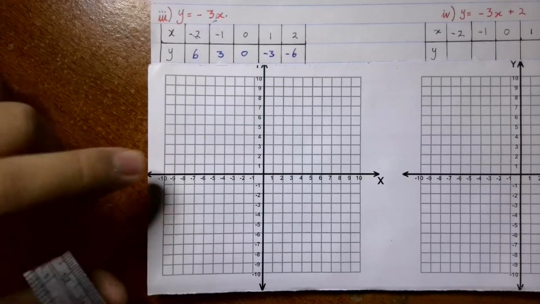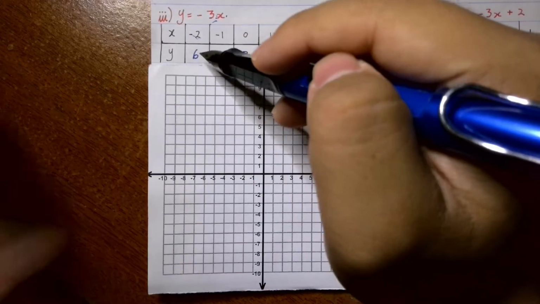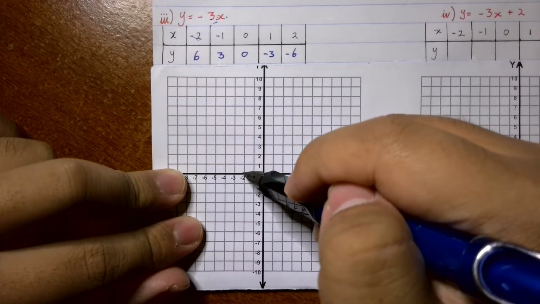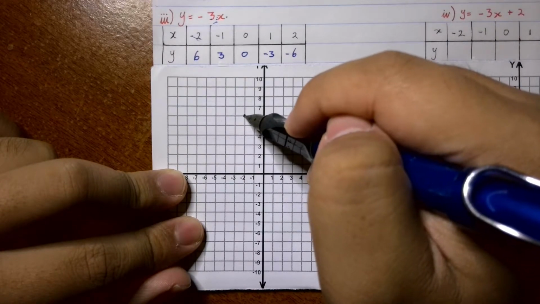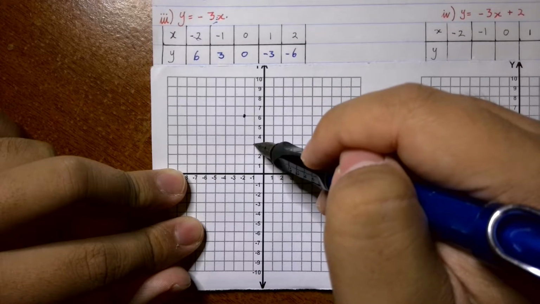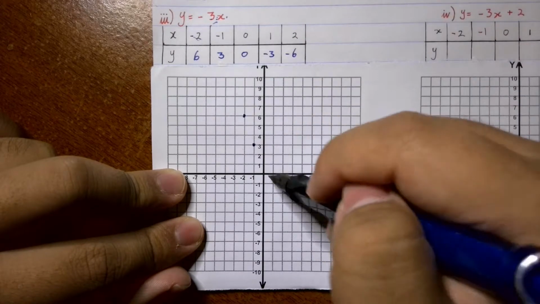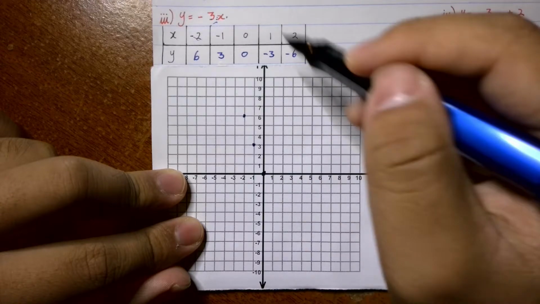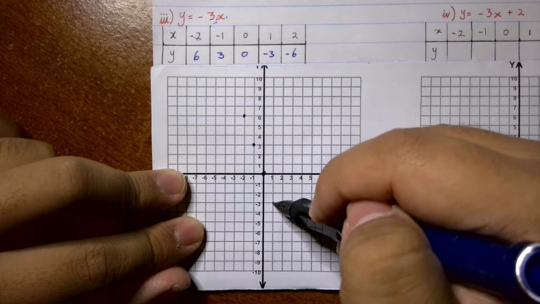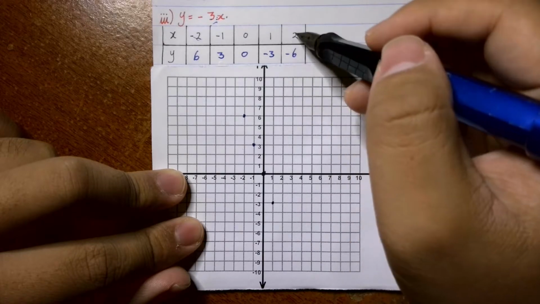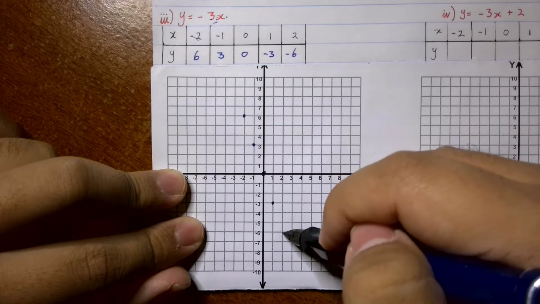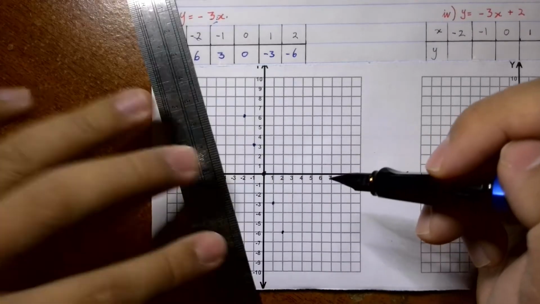Plotting these points in, we get negative 2, 6. Negative 1, 3. 0, 0, it's right in the middle. 1, negative 3. And 2, negative 6.